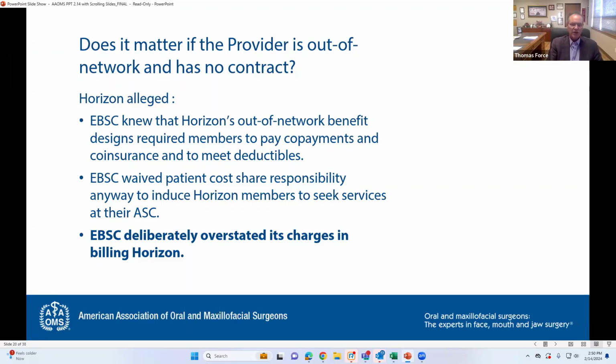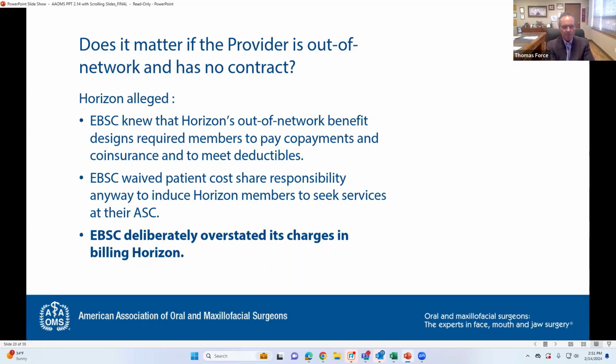Horizon alleged that the ambulatory surgery center knew that Horizon's out-of-network benefit design required members to pay co-payments and co-insurance and to meet their deductibles. I'm hoping by now, I've said this multiple times, that these contracts require their members, every single one of them, to pay their cost share. And some of the contracts now, the carriers are more sophisticated.